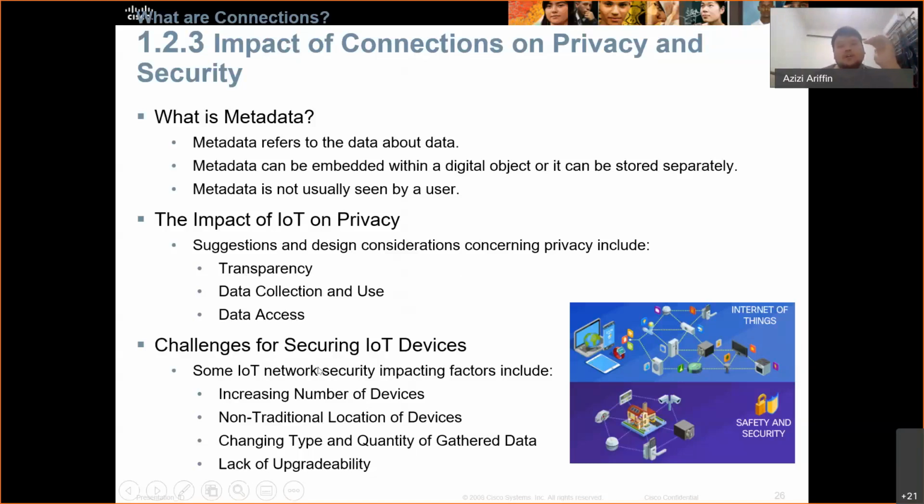Okay, so this is challenges in securing IoT devices. So increasing number of devices. So bila dah banyak, selalunya dia vulnerable, orang boleh jadikan dia botnet, boleh buat macam-macam. Dan kita ada non-traditional location of devices. Kadang-kadang macam ni sebenarnya kita ulang balik lecture minggu lepas.